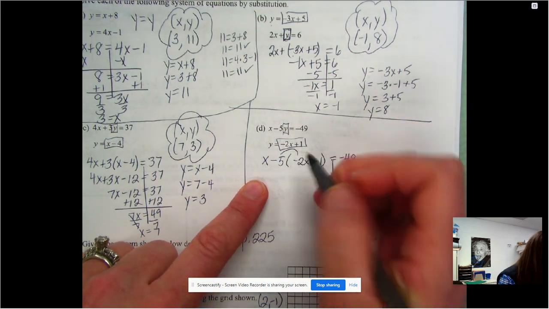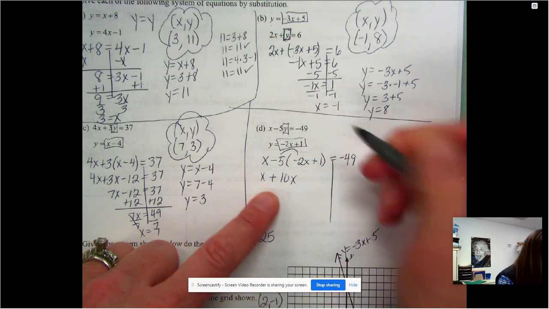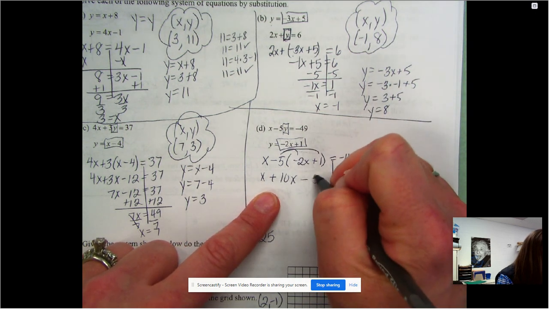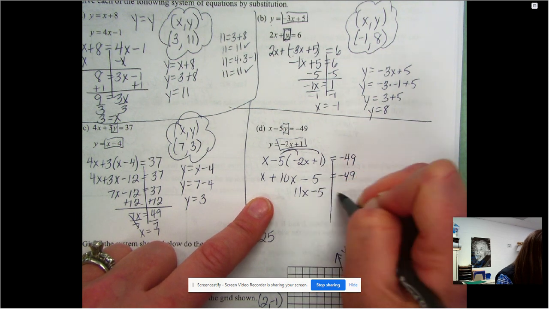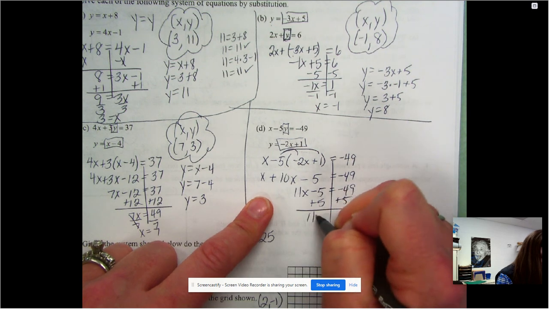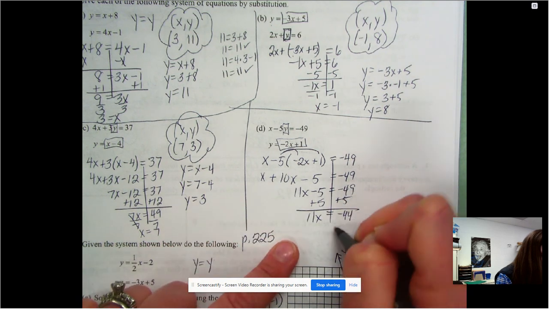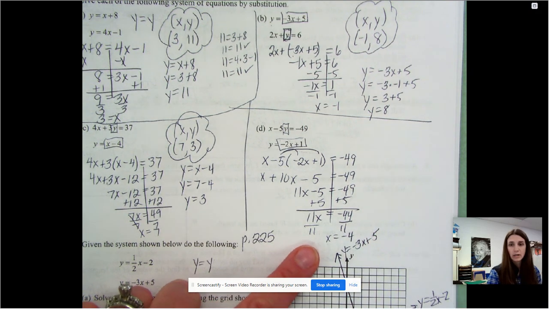So we have negative 5 times negative 2x, negative 5 times negative 1. Combine like terms. Again, dividing out, we get x equals negative 4.